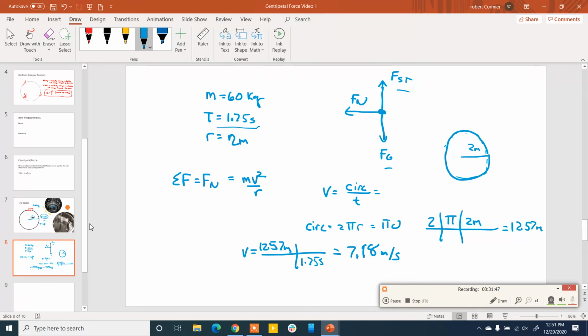Well, now we can do this problem, right? This problem is basically done. I didn't even really ask a question, but we're just going to work through these calculations. I can figure out the sum of the forces. I can figure out the acceleration.